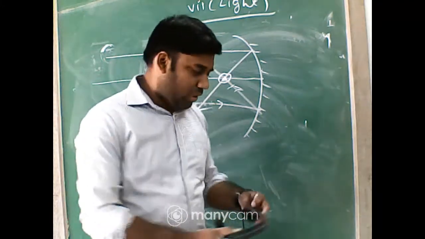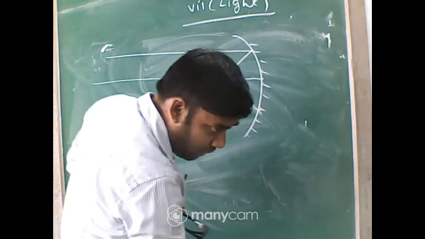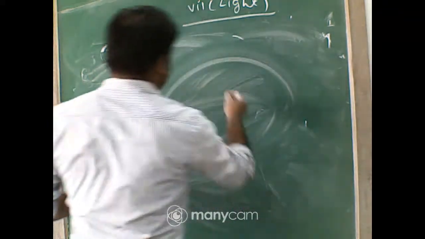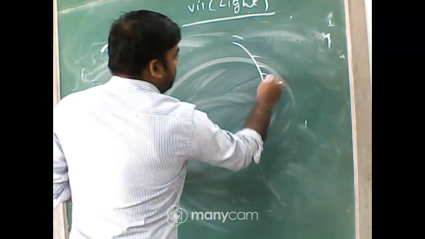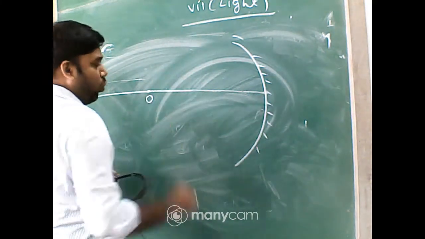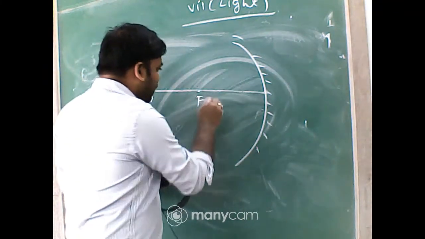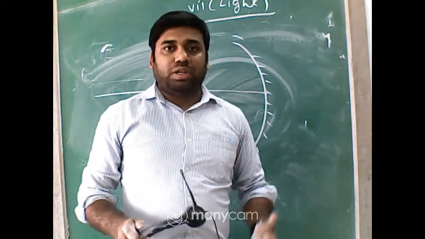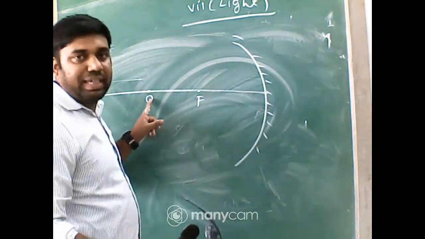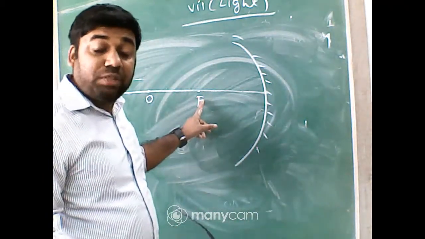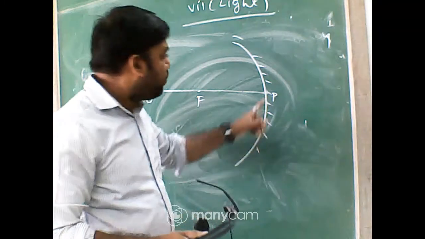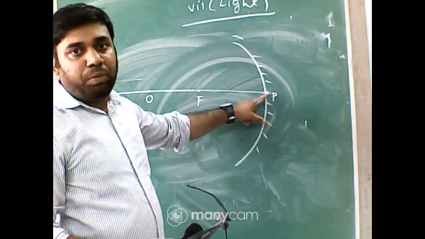And what is a virtual image? Look at the board. In the concave mirror, the center is O. Why is it O? Because it is a spherical mirror, and a spherical mirror is a part of a sphere. A sphere has a center, that point is O. F means the focus, and P is called the pole, the middle point of that portion.